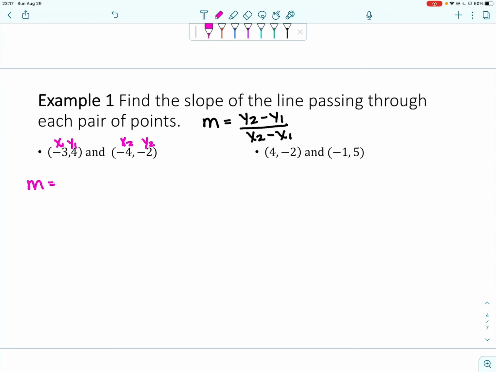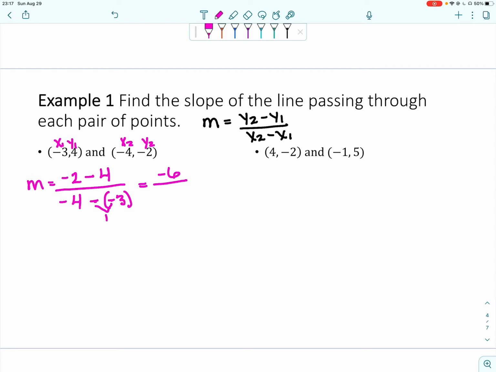So now using the slope formula, I'm going to take the y2, -2, and I'm going to subtract y1, which is 4, divided by x2, -4, minus x1, -3. -2 minus 4 is -6. -4 minus a -3.